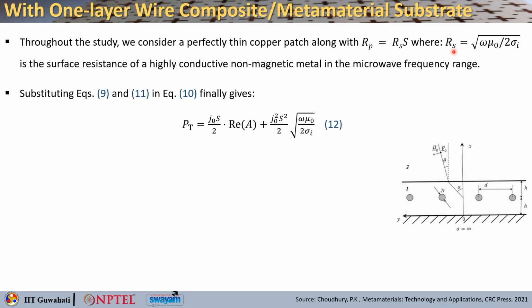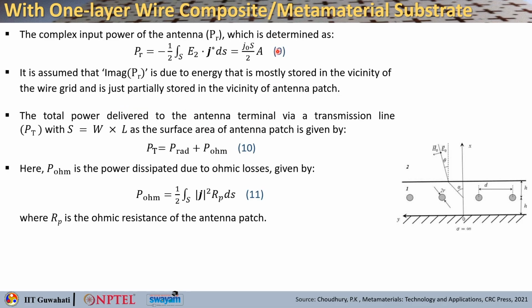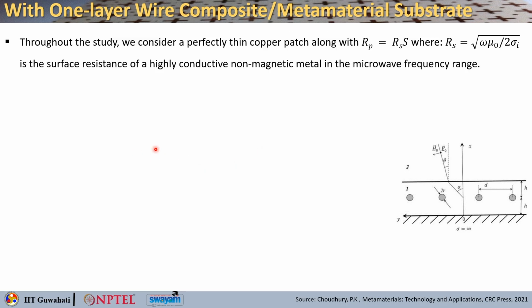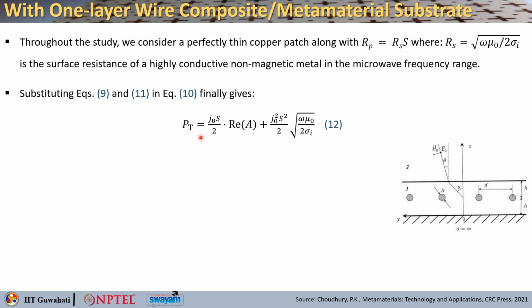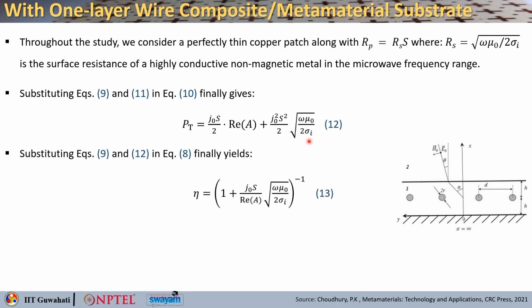So, once you substitute 9 and 11 into equation 10, because you are interested in finding out Pt, you will see that Pt takes this particular form: J naught S by 2 times real of A plus J square S square by 2 times the square root of omega mu naught by 2 sigma.